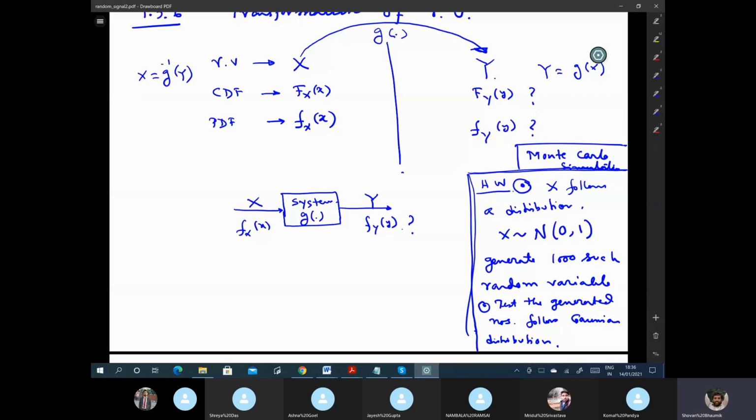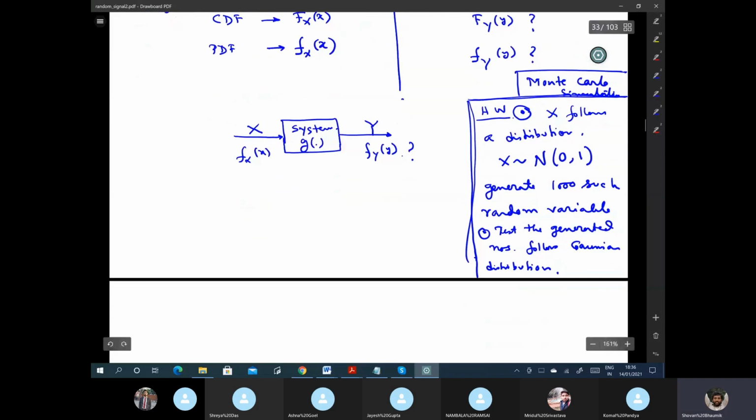I come back to the point I was discussing: we have a random variable x and a function mapping x to y. We know the random variable x and its PDF. To start with, we assume first case A, where g is a monotonically increasing function.